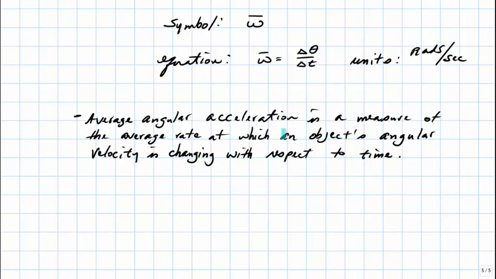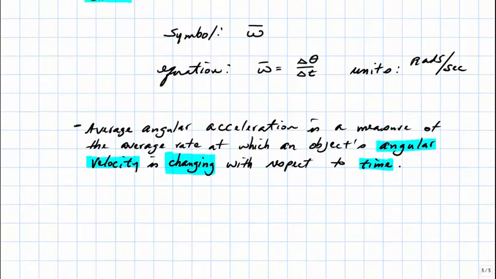And so the components of average angular acceleration are angular velocity as well as time. And also let's take note of the fact that angular velocity has to change in order for average angular acceleration to exist.